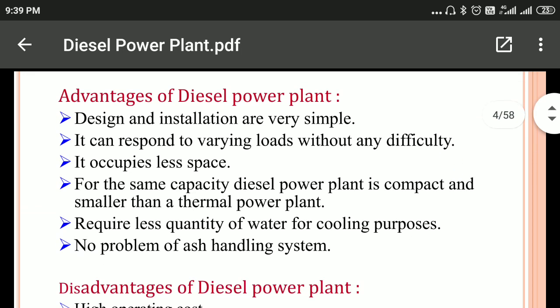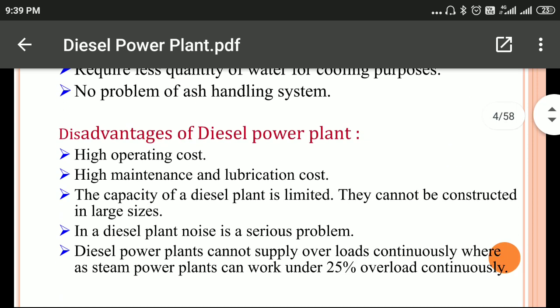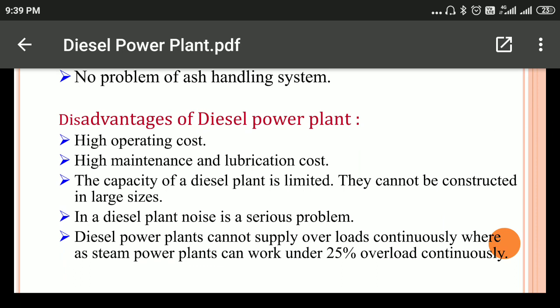As far as the advantages are concerned, design and installation are very simple. It occupies less space as compared to other power plants. There is no problem of ash handling, because ash is not generated here, which is a big problem in thermal power plants, steam power plants we can say. The disadvantages are high operating cost, because fuel requirement is high.